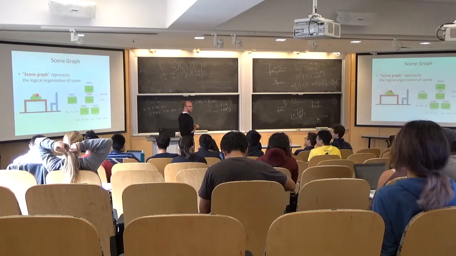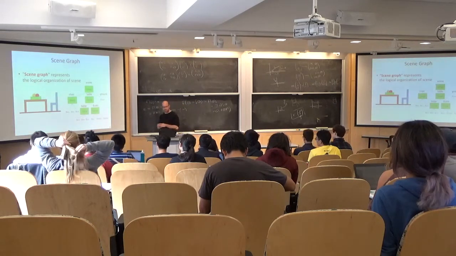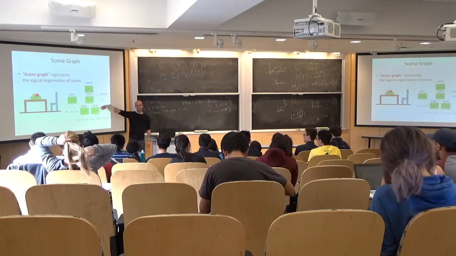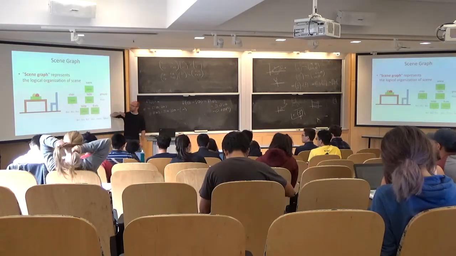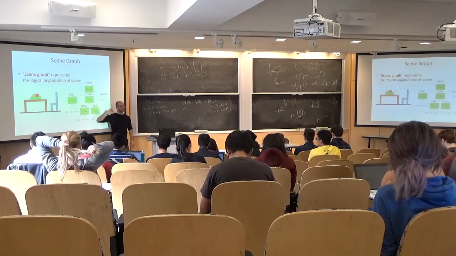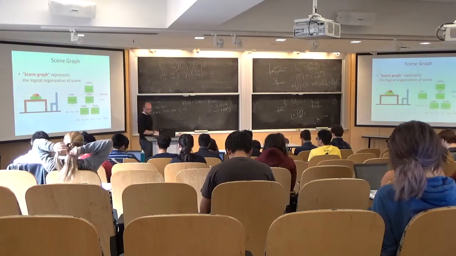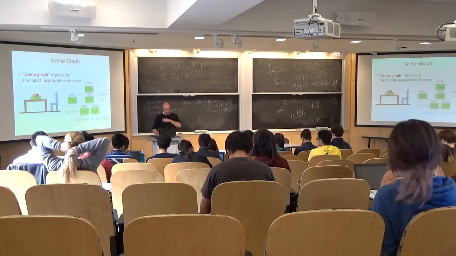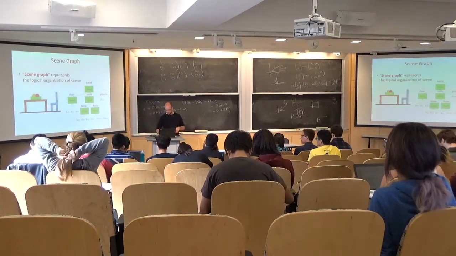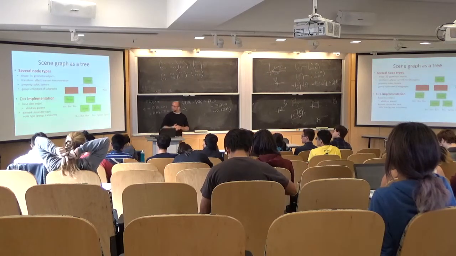Okay. Right. So the key vocabulary word here is a scene graph. This is this thing that we've drawn quite a bit already. Essentially, a scene graph is just this nice table, or I guess tree representation of what's going on in your scene. And so the scene graph is sort of a nice logical organization where you can read off what's nested inside of what. And of course, there are many different node types here.